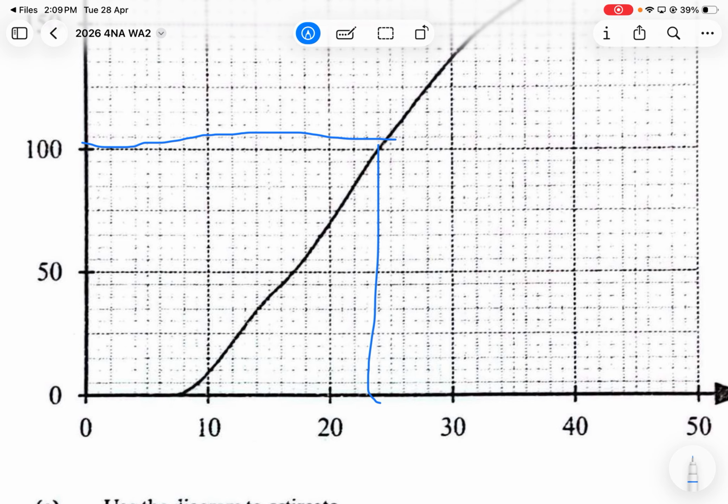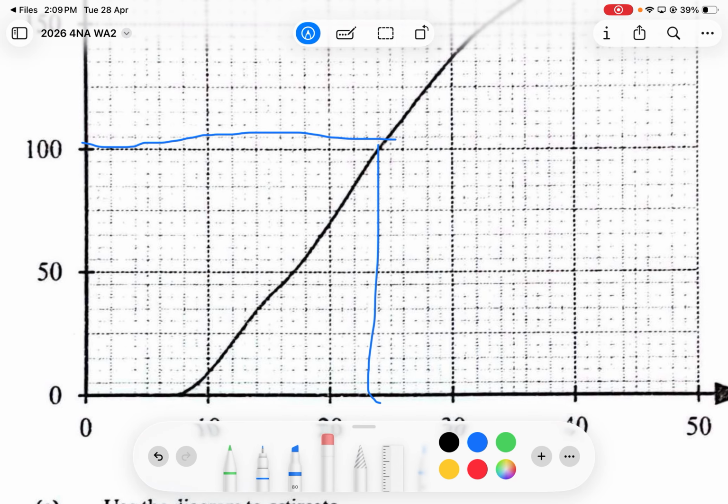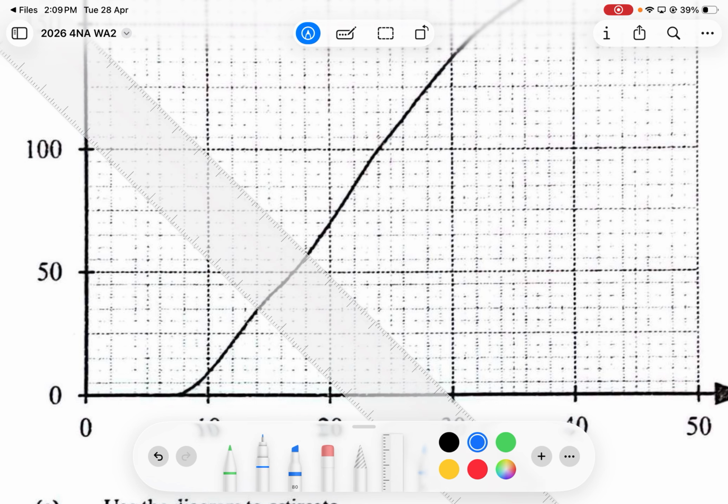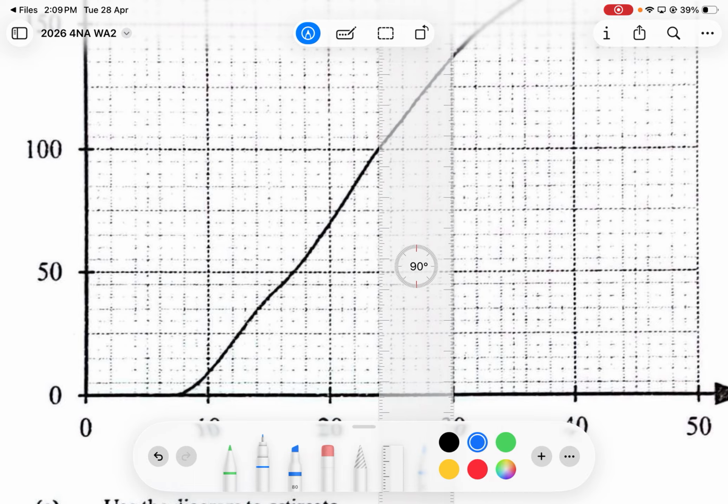How come? You use what? Where did you get it? You see if I put a ruler. Can y'all see my ruler or not?